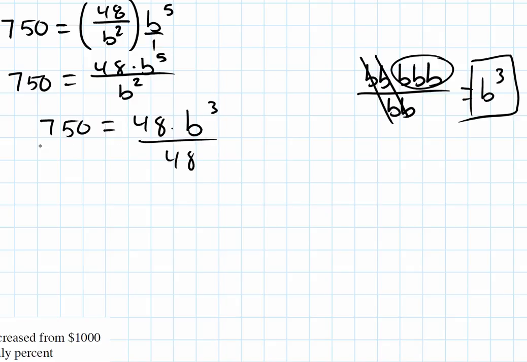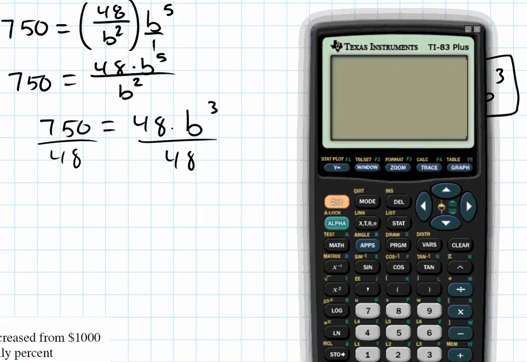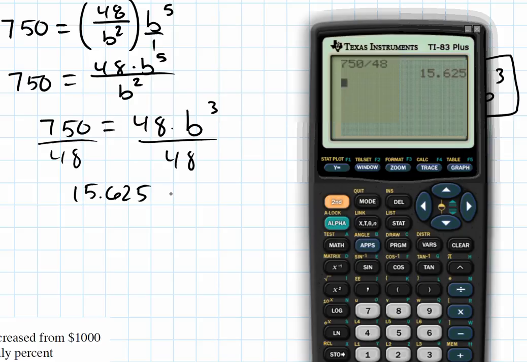When I do that, I'm embarrassed to say that I'm going to grab a calculator here, and I'm going to take 750 and divide that by 48. And I get, it's a decimal, that's okay, it's 15.625. So I have here 15.625, and that equals b to the third power.